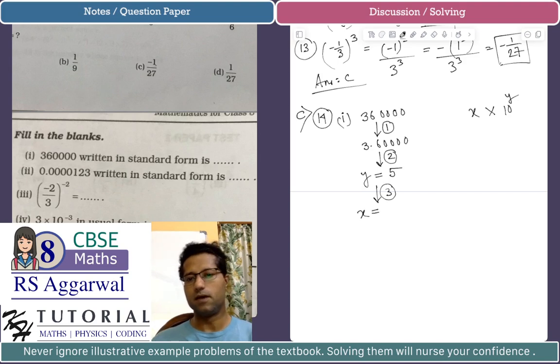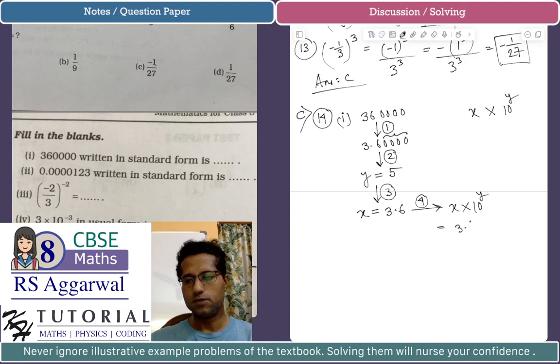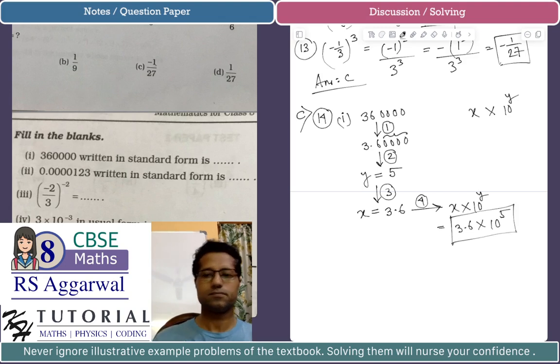X will be the number obtained after step 1, but you ignore all the trailing zeros. So this is 3.6. And finally, step 4, the number in standard form will be x into 10 to the power y, which is equal to 3.6 into 10 to the power 5. This is the number in standard form.